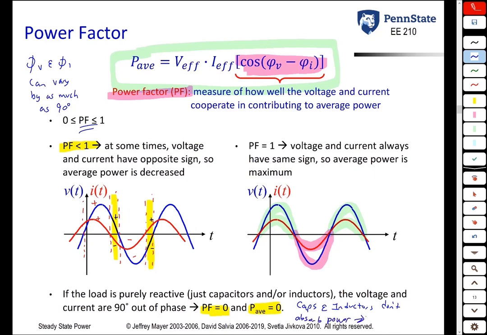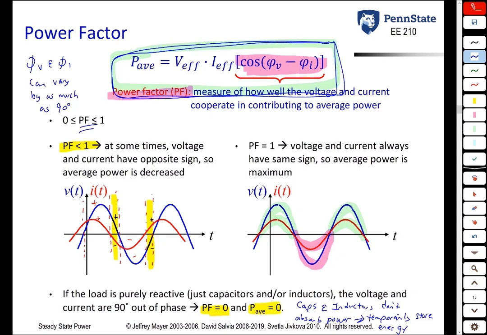All that they do is they temporarily store energy. So this result we're seeing here with this equation agrees with observations we made earlier on with capacitors and inductors.